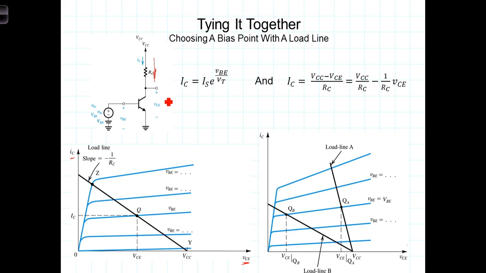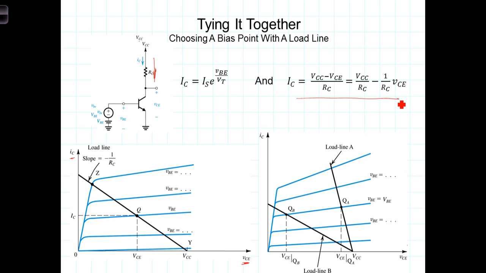And as we pointed out, there are actually three different quantities associated with this: I sub c, VBE, and VCE. Thus we end up with a family of curves. Each one of these different traces corresponds to a different value of VBE, and we then have I sub c as a function of VCE.